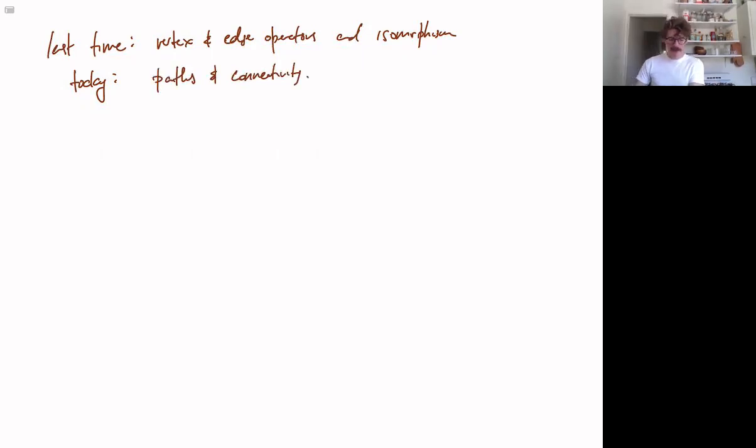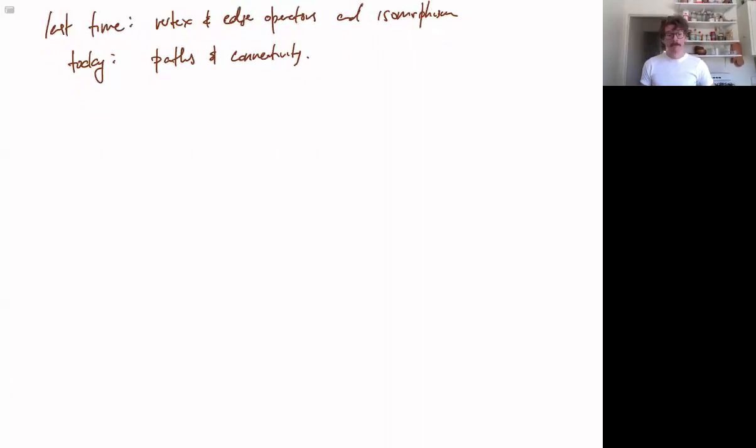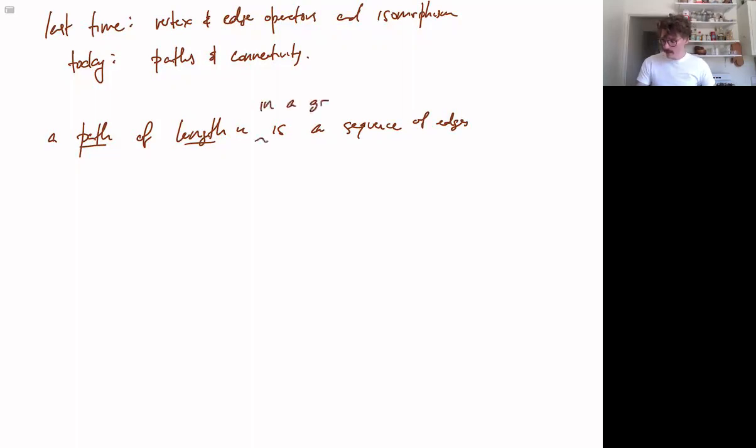So let's start by defining a path, which is basically what it sounds like, but let's go ahead and write it down. A path, we'll also define length, a path of length n in the graph G is a sequence of edges, E1 through En.